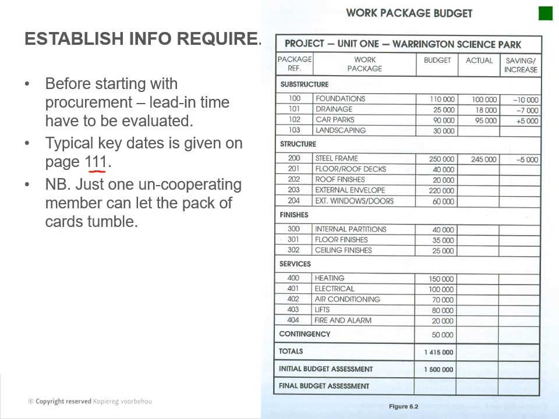And just one uncooperative member can let the pack of cards tumble. So it's very dependent on everyone trying to find the best solution for this project. If someone is greedy and doesn't want to work together, then that might cause a bit of a hampering.